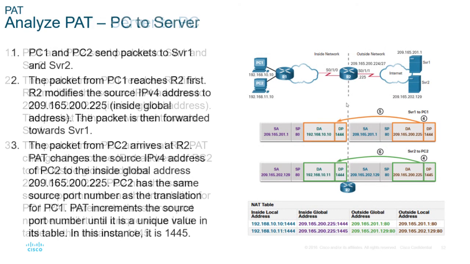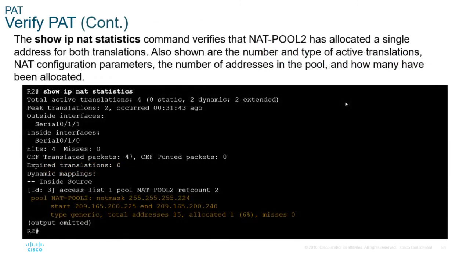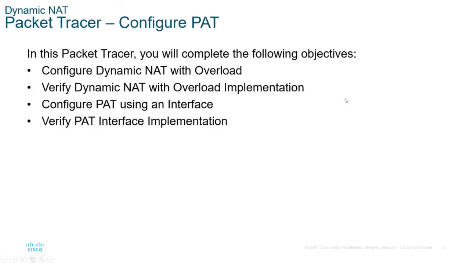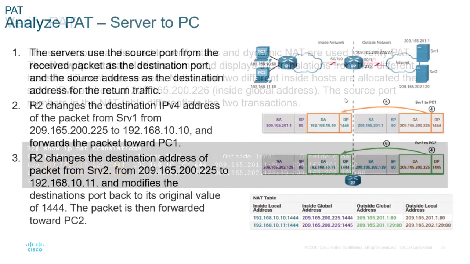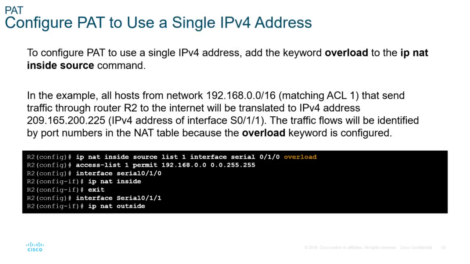So for actually configuring it, essentially we have a couple different methods of how we can do it. The easiest way that I've typically used for PAT creation is we create our access list.